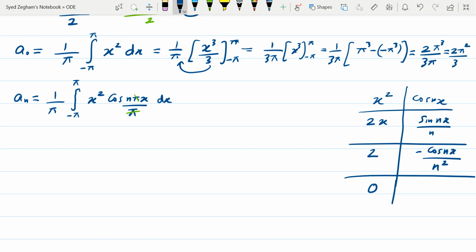And minus cosine nx by n square, the integration will become minus integration of cosine nx will be sine nx divided by n, and n square is already present, so it will become n power 3. And then we will start multiplying like this.